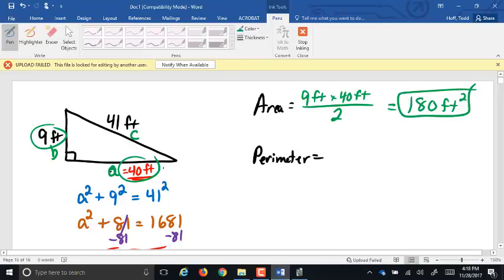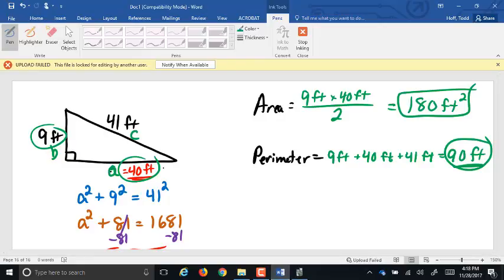Perimeter, well, 9 feet plus 40 feet plus 41 feet, we just add them together, gives us 90 feet of perimeter. Now I get asked, why isn't that squared or cubed? Because remember, perimeter, we're just adding the sides, and when we add or subtract, we keep the same names.